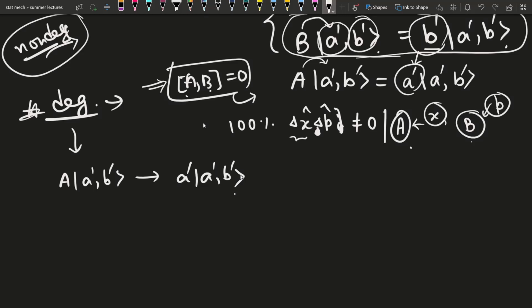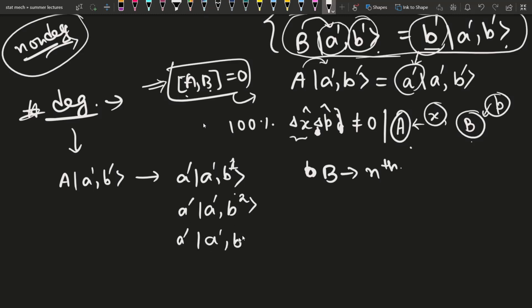We have a linearly independent set of eigenvectors for the same eigenvalue. Suppose B has degeneracy of n, so there are n linearly independent eigenvectors corresponding to the same eigenvalue. That means this state can be written as A', 1, or A', 2, and so on.